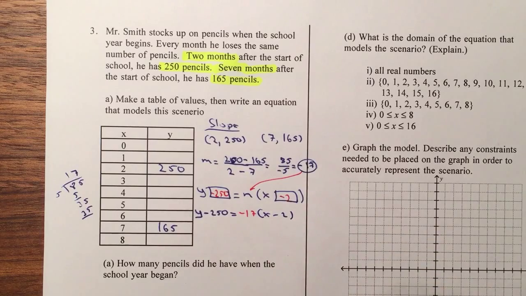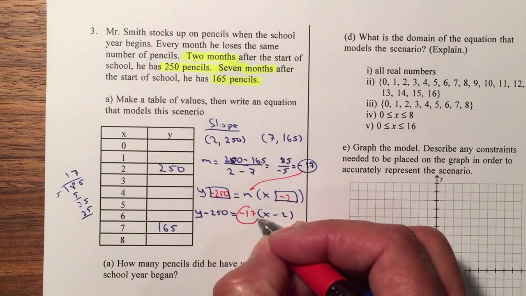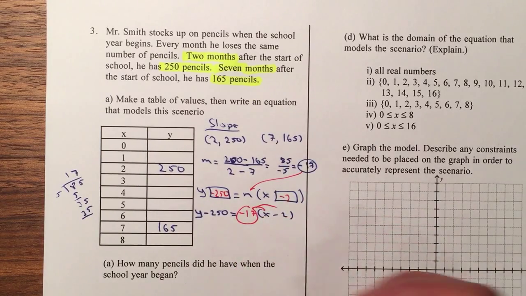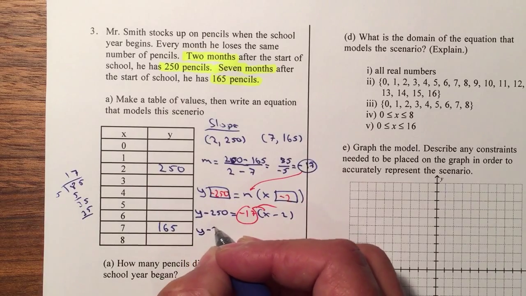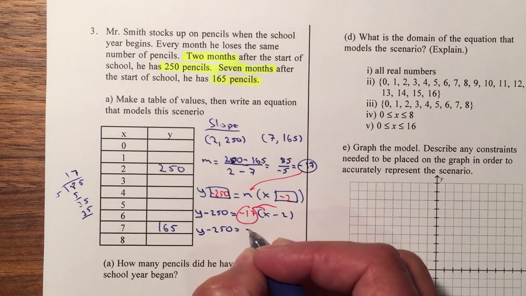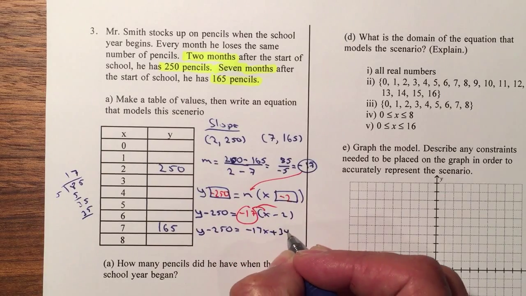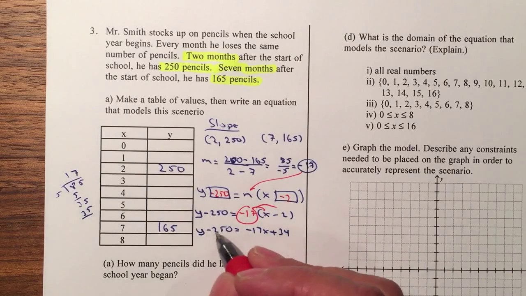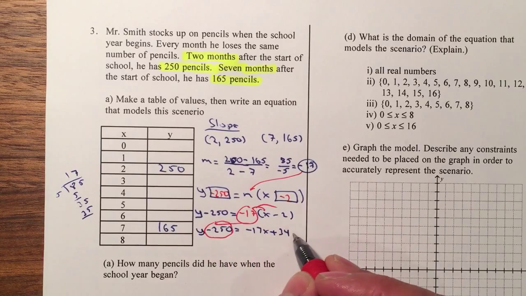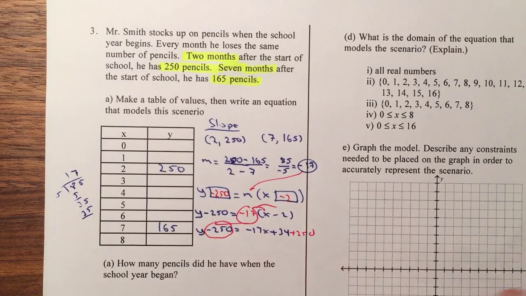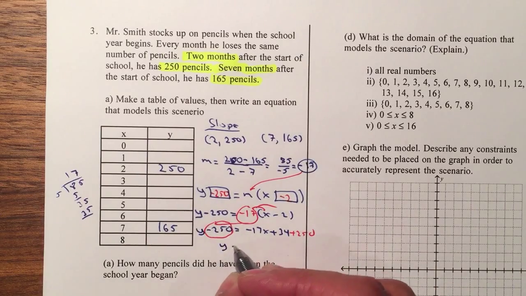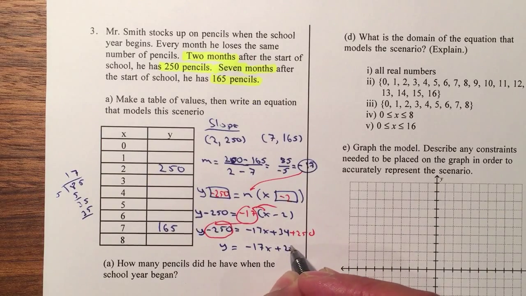And now we just need to use the distributive property and simplify to find the equation of the line. So y minus 250 is equal to -17x. Negative times negative is positive 34. Move the 250 to the right, and it becomes a positive 250. That gives you y is equal to -17x plus 284.